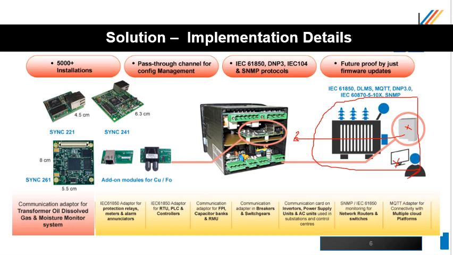So what they did is use the Sync 200 OEM module. There are multiple variants. 221 is the one with the smallest footprint. 241 has an option of copper as well as fiber optic Ethernet, and 261 has an option of dual copper or dual fiber.